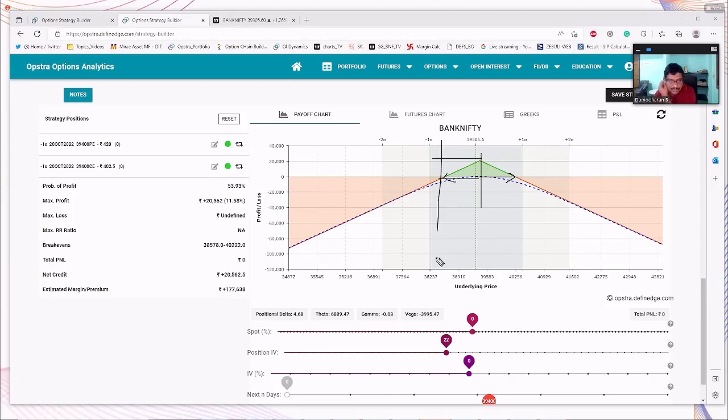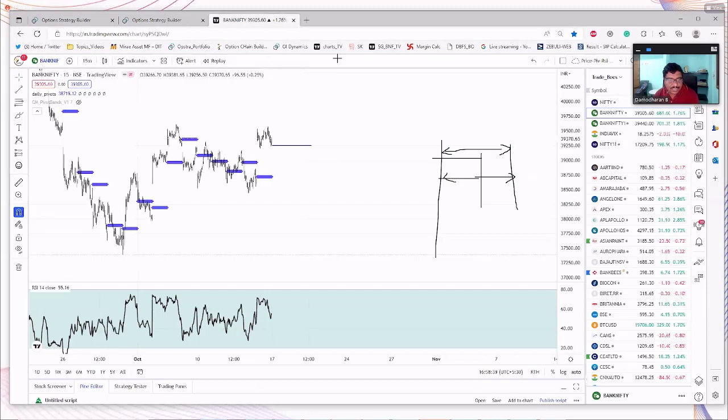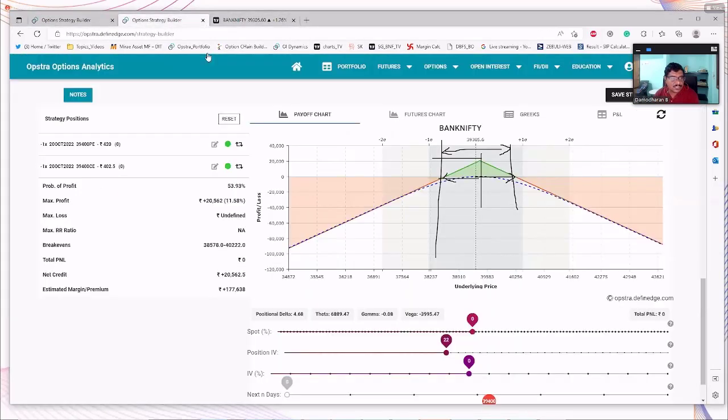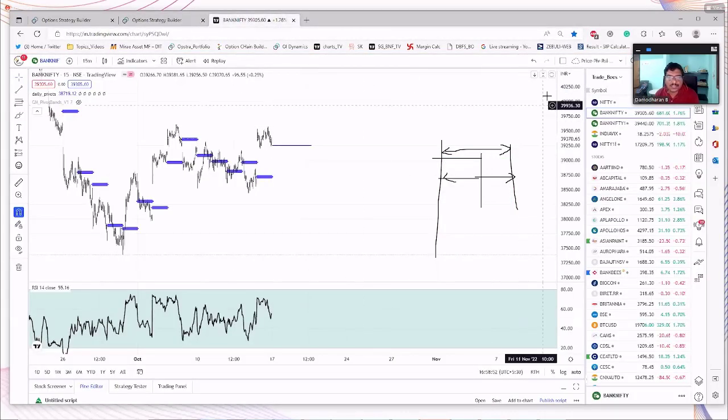This is the range. If this is your range for the current week based on the chart, then we are looking at the current week only. So that means what? Whatever you are seeing, this level, 38,500 to 40,200, right?